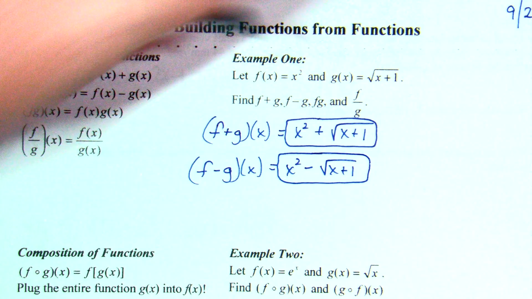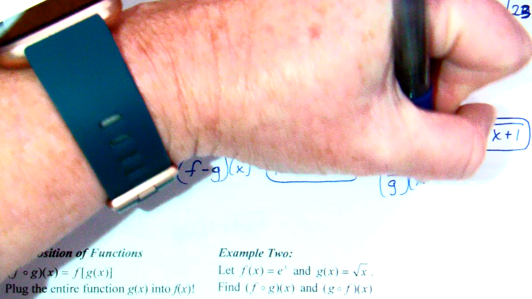What about fg of x? X squared times the square root of x plus 1. Can I clean that up any? Nah, not really. It's an x squared and a square root, so we're going to leave it as is.